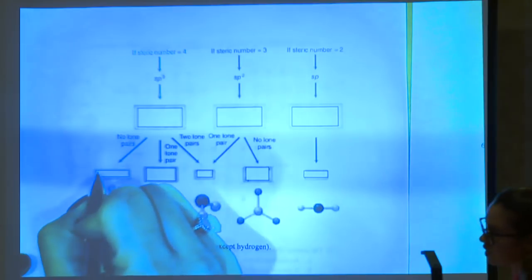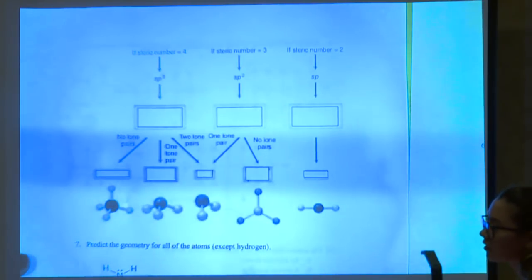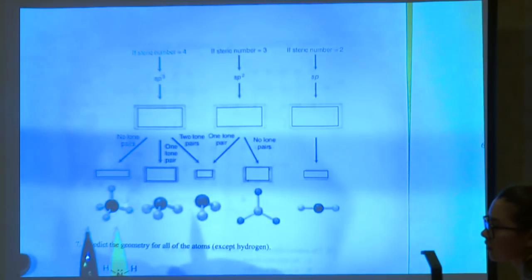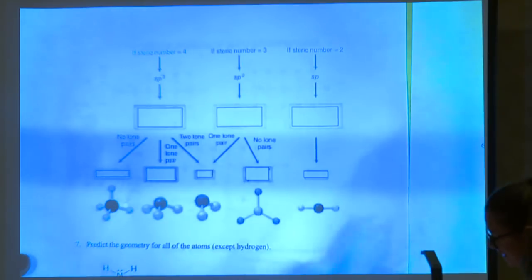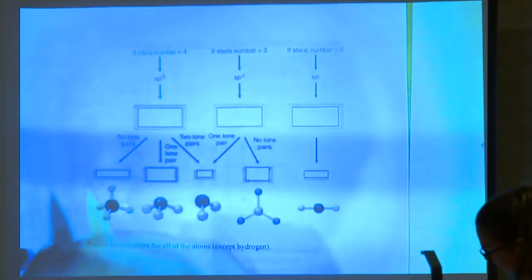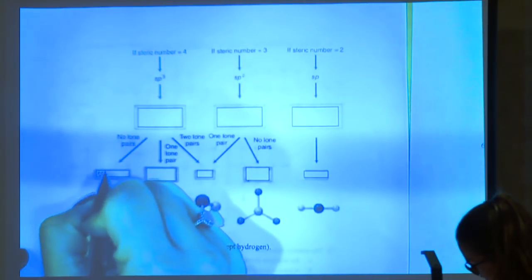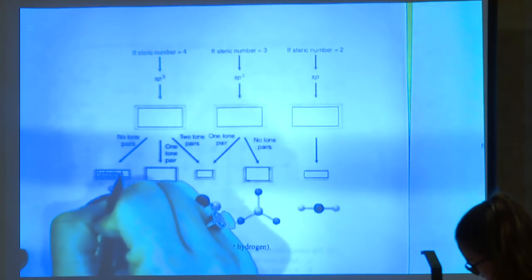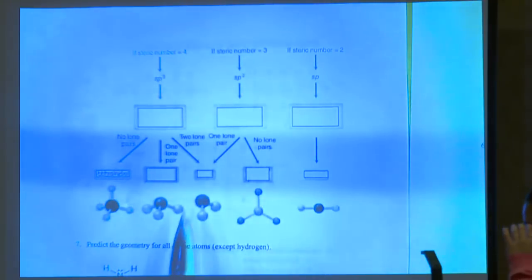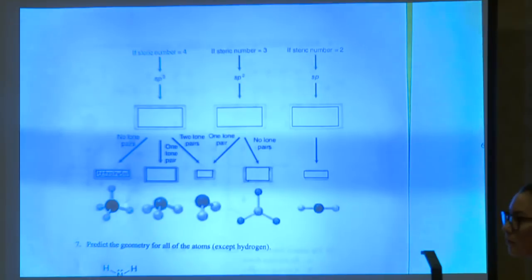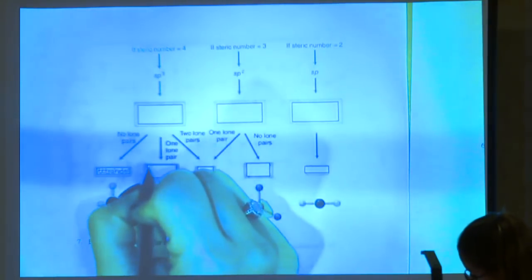So here we'll do. So you said this is tetrahedral. We'll just do the bottom ones. Is that what you said? Or did you say another one? Okay. So do we all agree with that? Okay. How about this, if we have one lone pair? Okay. Do y'all agree?